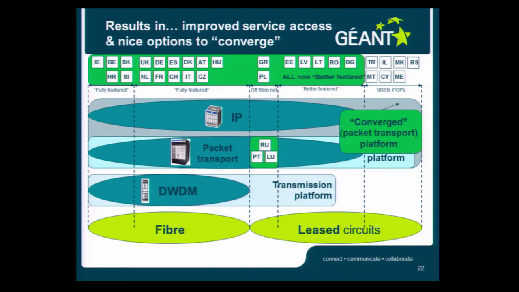So at this point we had IP equipment and packet transport as well. In some of the POPs we then decided that only one equipment is fine to deliver both the services. We don't need separate equipment for switching and separate equipment for IP. So we got rid of some of the IP equipment as well.